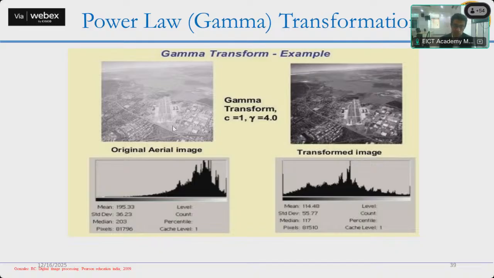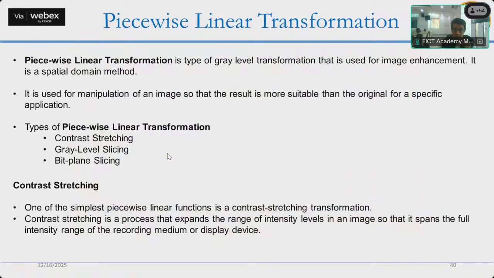This is shown here: the original is the aerial image, and this is the transformed image. Can we see the change? What type of change is happening? We can see that in the original image, all the pixel intensities are concentrated into a small region. But in the transformed image, things have changed and they have been shifted from some narrow band to a wide band. That has been already said.